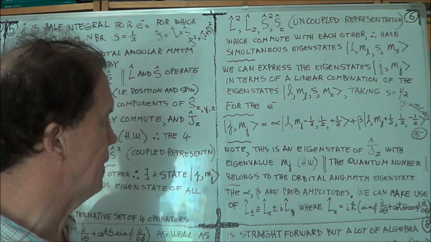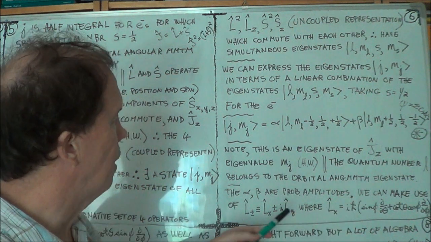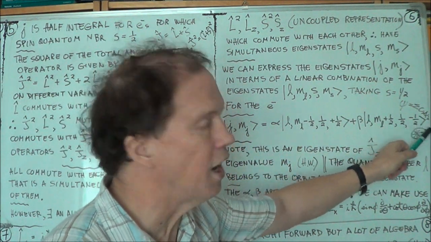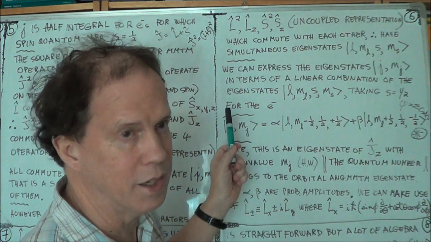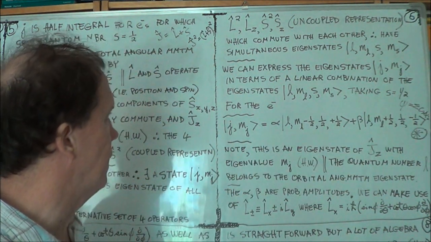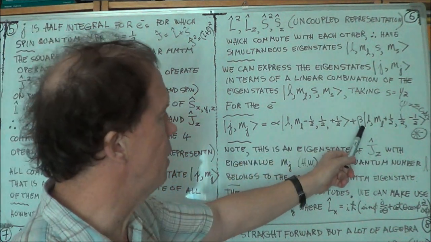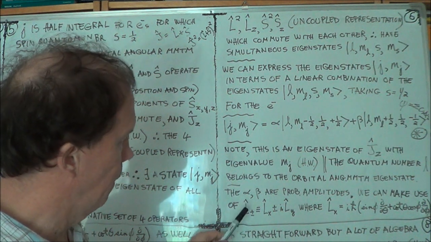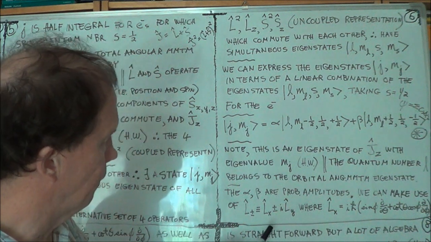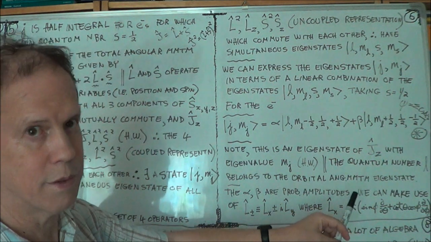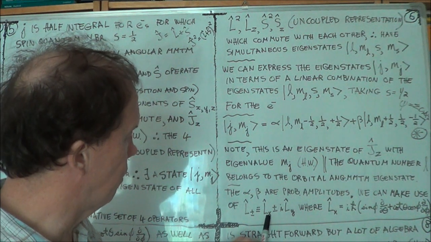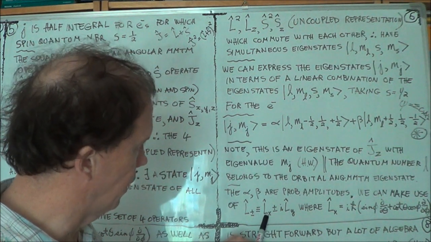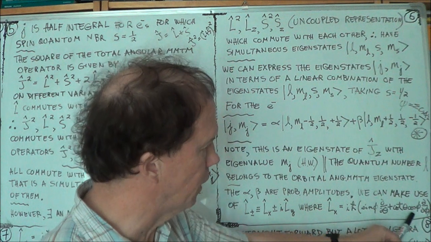Now we're going to need some tools. We'll use the relation alpha squared plus beta squared is 1 from normalization, and we'll bring in the ladder operators for L. From several chapters back, we know the x component of the orbital angular momentum, L, in terms of the polar angles theta and phi.